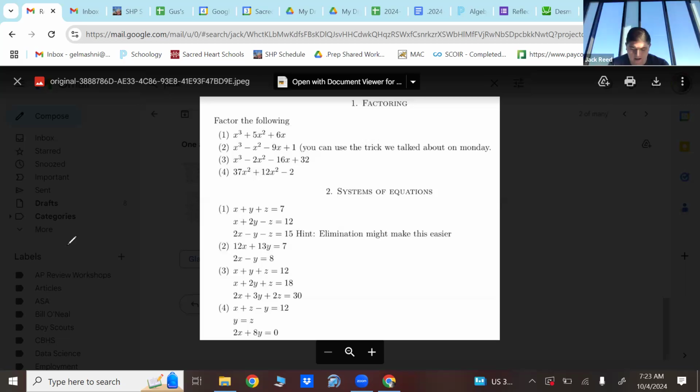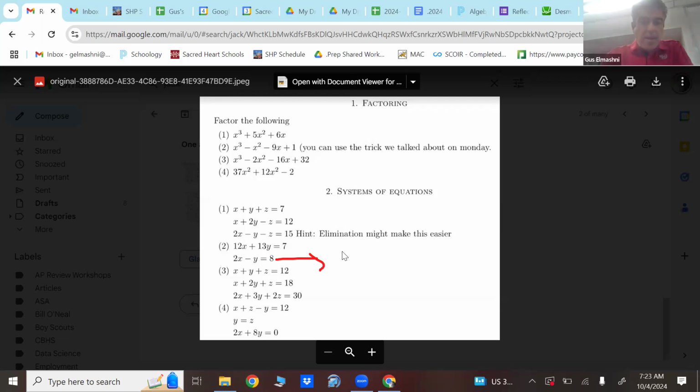The way I did it was I swapped out the 8 for negative y.